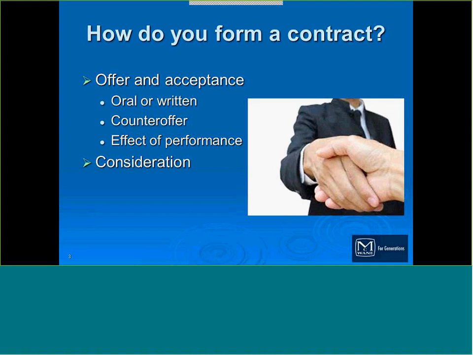So I'm going to give you a couple of examples. Those of you who have seen some of this presentation before know that I like to use the example of selling my jacket. If I go to John and I say, John, I want to sell you my jacket for $5, and John says, okay, I'll buy your jacket for $5, we have a contract because there has been an offer, acceptance, and consideration.